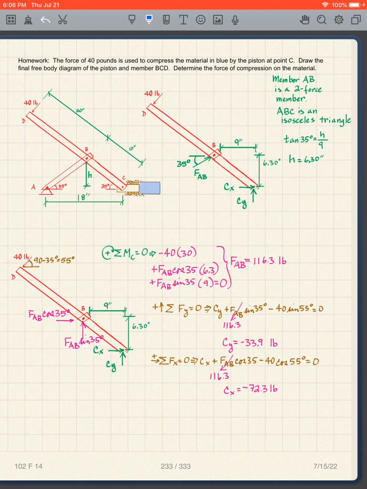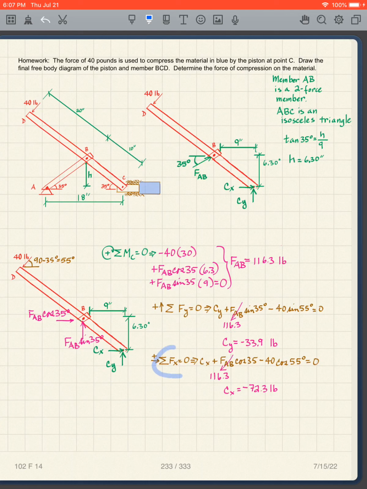I'm going to let you reason that out, but that's going to be 55 degrees. So for the y direction, it's minus 40 sine 55. I put the 116.3 into that portion, and I get CY is minus 33.9 pounds.